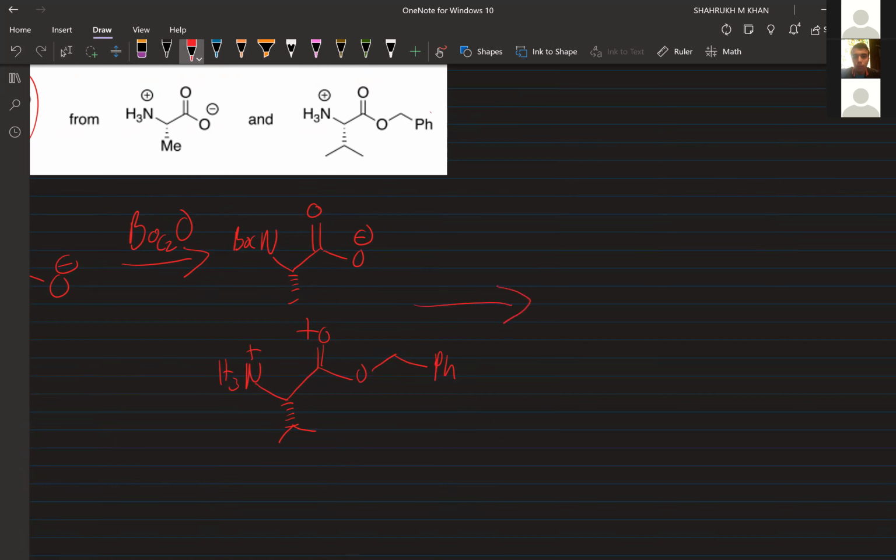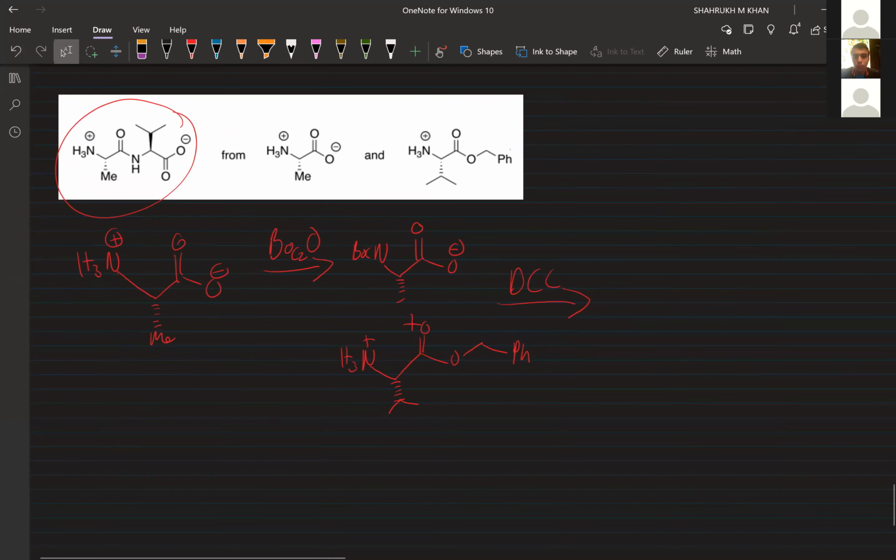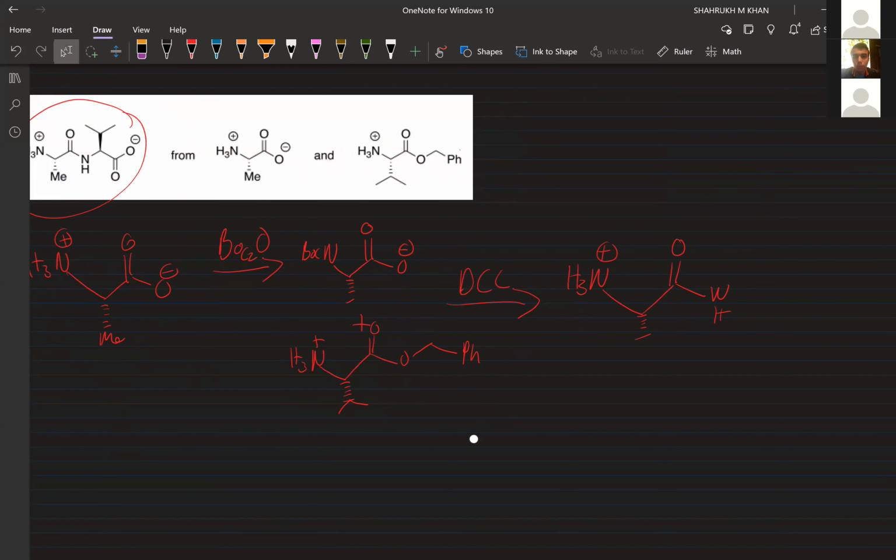So now we could use DCC for coupling. We get our... oops. Oh, sorry, should be Boc at this point. I was just redrawing that structure.